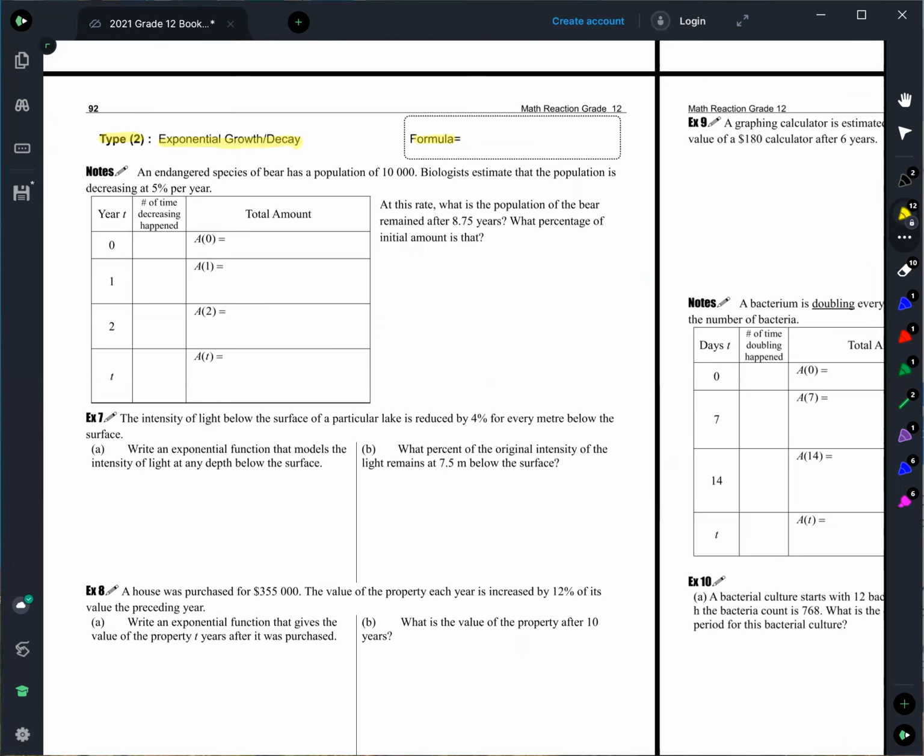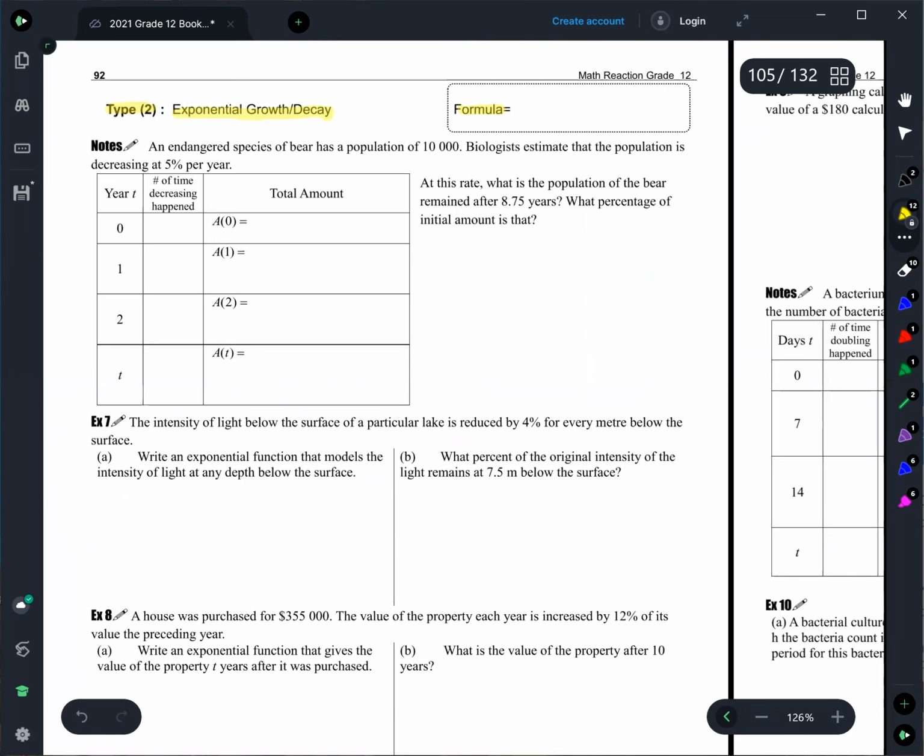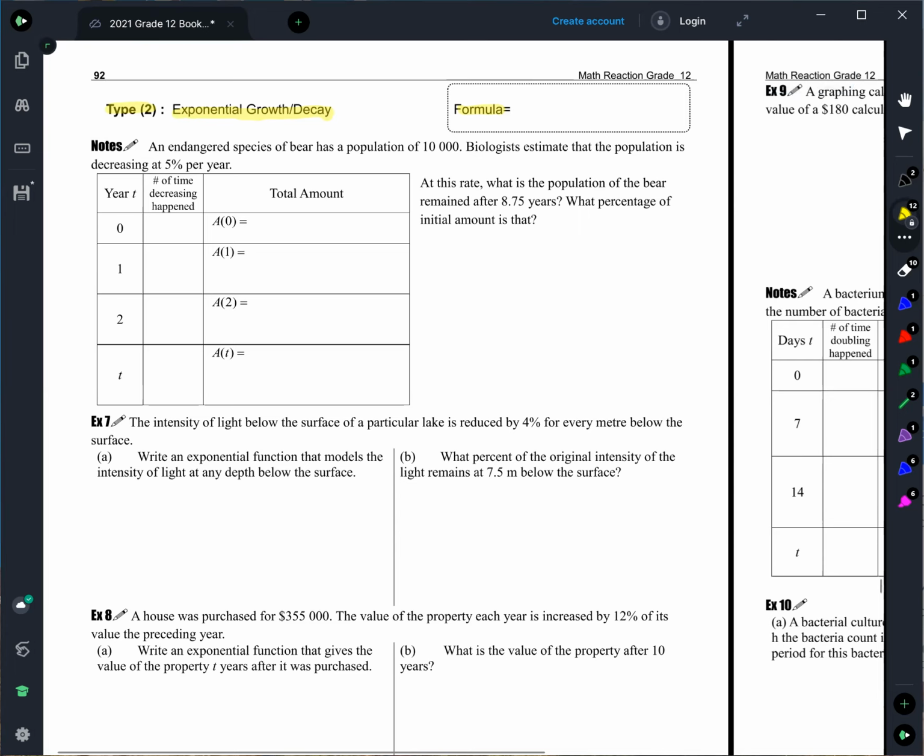Okay, raise your hand if you're on page 92. Okay, Chris, Eric, and Jocelyn, are you on the page? Jocelyn, are you on page 92?